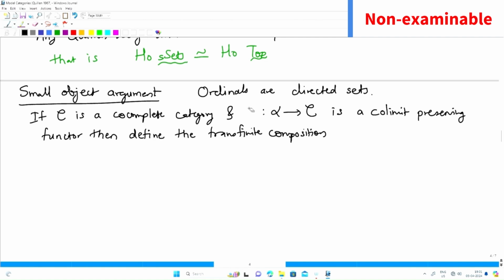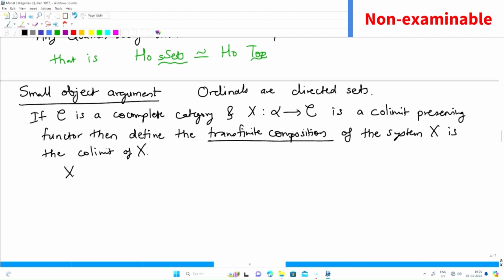Maybe I should use the word X, it will give you a better sense. The transfinite composition of the system X is the colimit of X. Suppose X is given like this: x0, x1, x2, and then there will be maps f0, f1, f2, and so on.